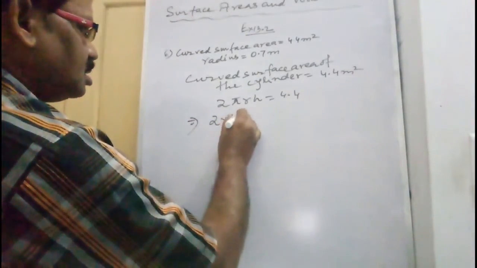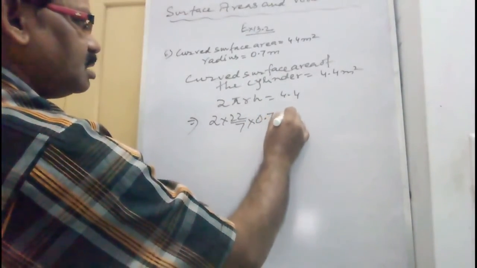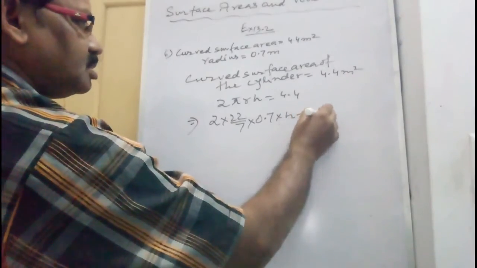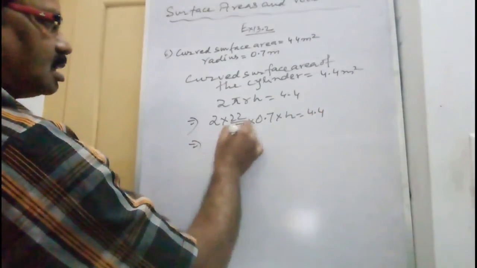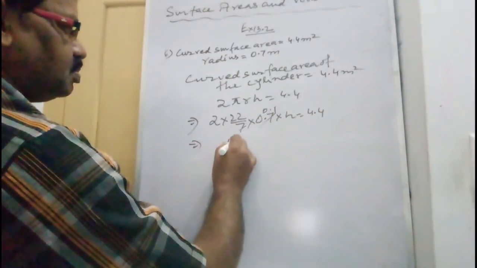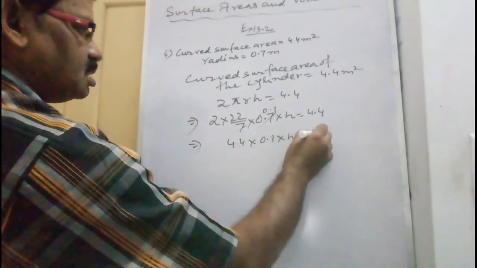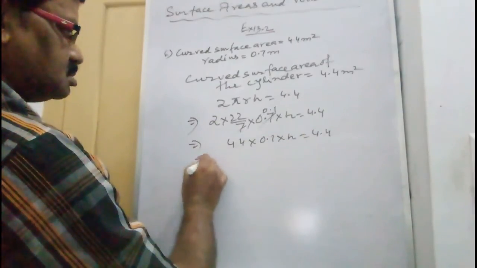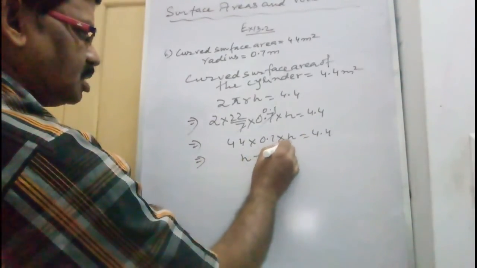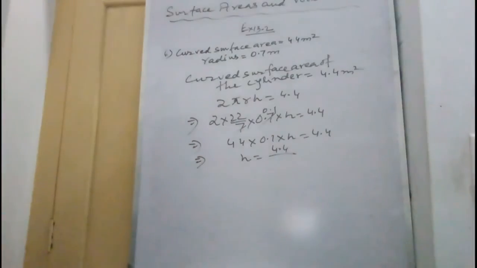So 2 into 22 by 7 into 0.7 into h equal to 4.4. So 44 into 0.1 into h equal to 4.4. When you multiply 44 with 0.1, that is also equal to 4.4.